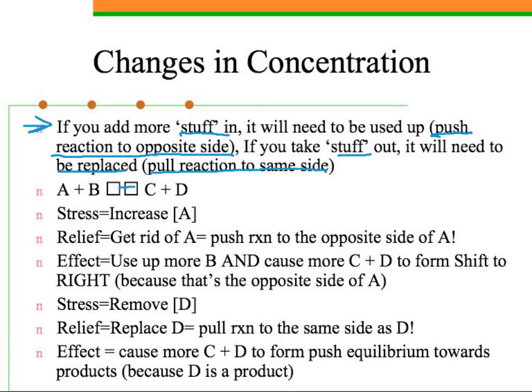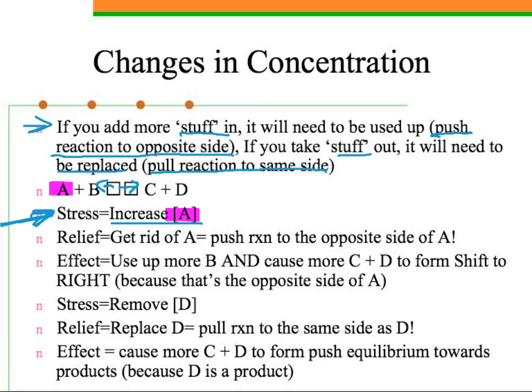So here's our reversible reaction. And let's say we stress this reversible reaction. The stress that we're going to do is we're going to increase the amount of A. Well, here's A on this side right here.